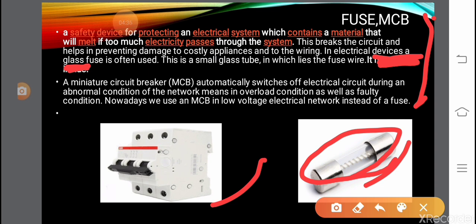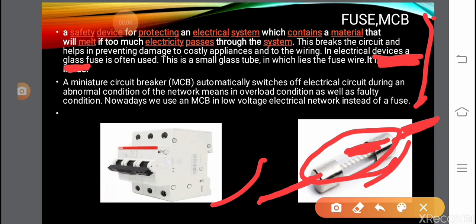Ampere is the unit for current, and the moment when the current touches 2501 amperes, at that moment only, the wire inside this fuse will melt and the circuit will be broken, as it was connected with the circuit of your home, or it is present in almost all the industries, and everywhere fuse is inserted to save our devices.